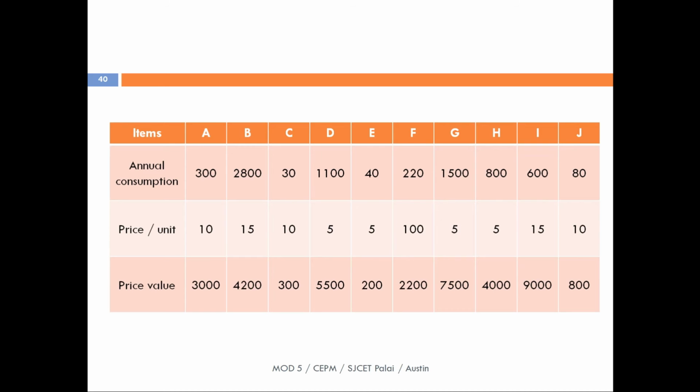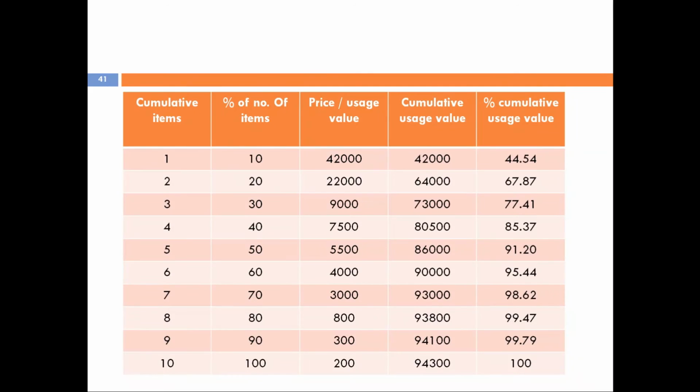So for item A, the price value will be 300 into 10, which is 3000. For B, it will be 2800 into 15, which is equal to 4200. For C, it will be 30 into unit price 10, which is 300. If we follow this, we can find the price value, or usage value, or total value of all the items from A to J. That is the next step.